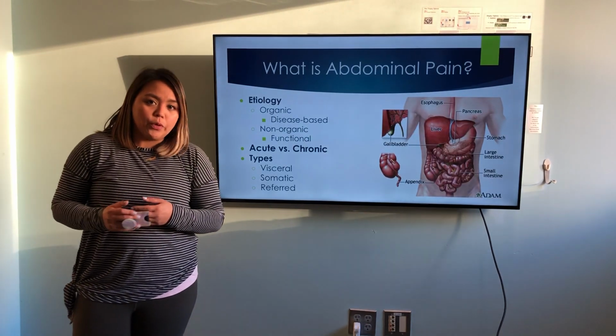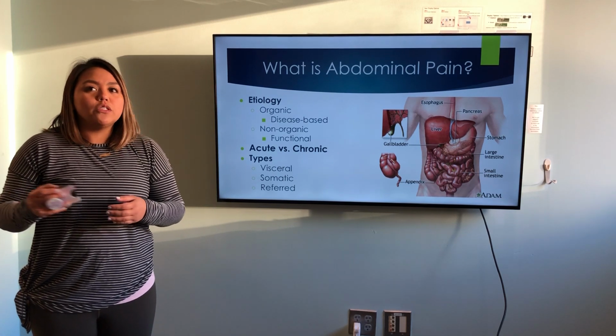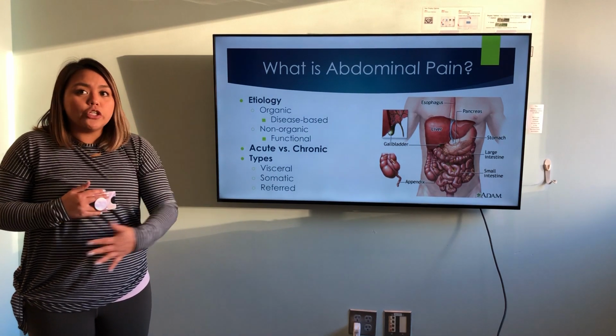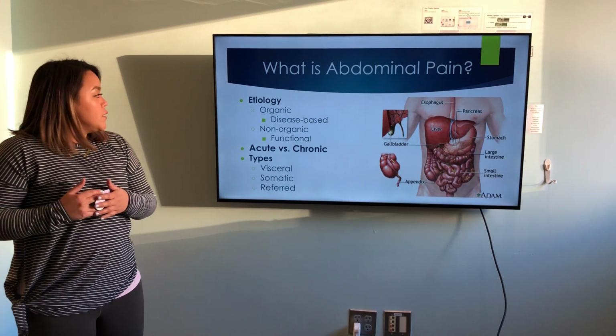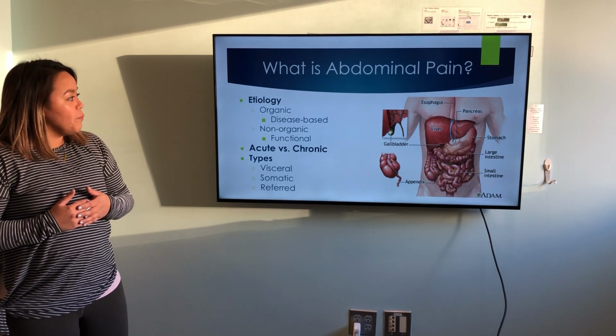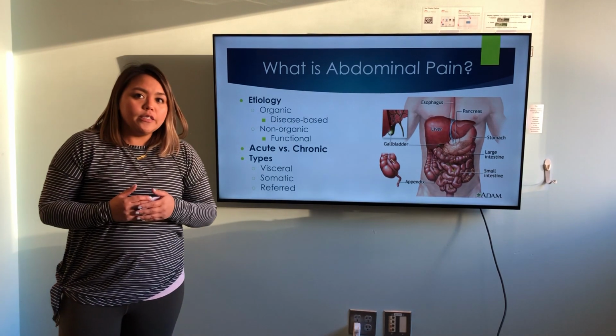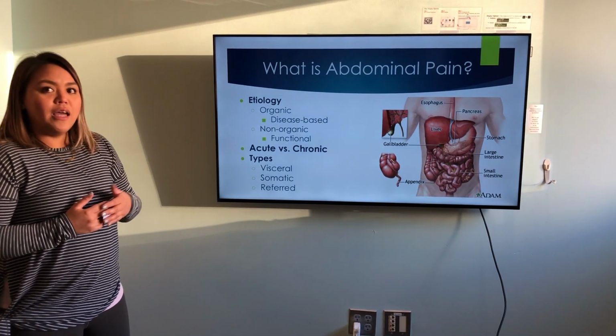So what is abdominal pain? Abdominal pain is a discomfort or distress that is occurring in the abdominal region. There are two causes. It can either be organic or non-organic. Organic is a cause that is disease-based.